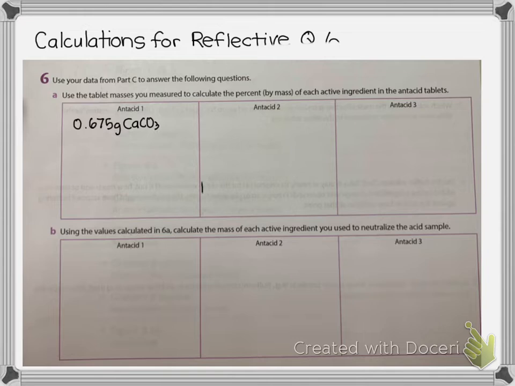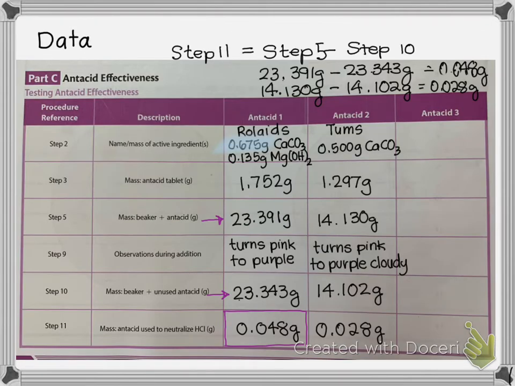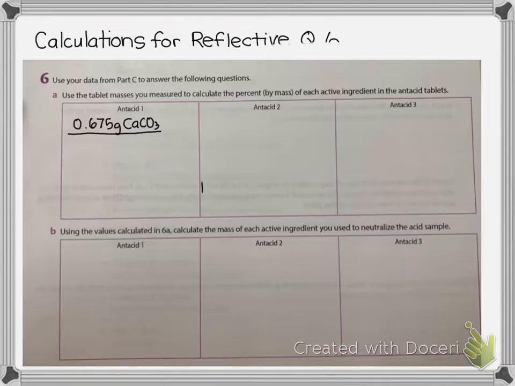So then you're going to divide that by the total mass of the tablet, which is this number. Okay. Whoops, I almost put a 0, but it's a 1. It was 1.752. And then it's a percent, so you're going to say times 100.